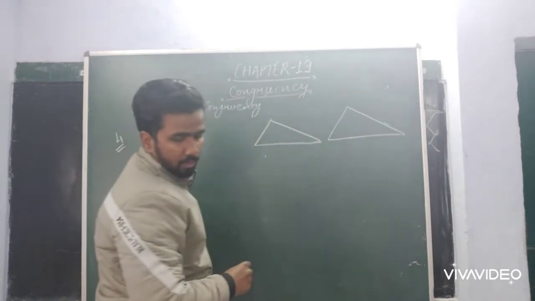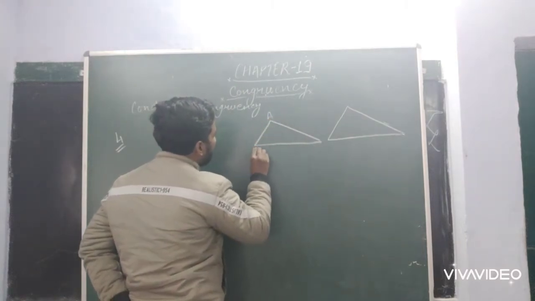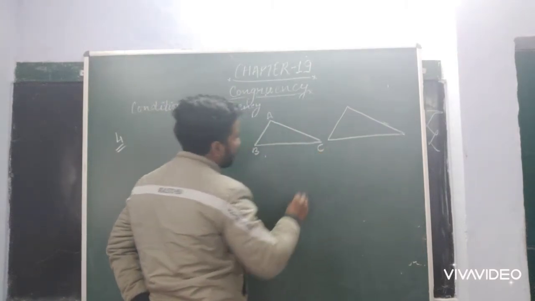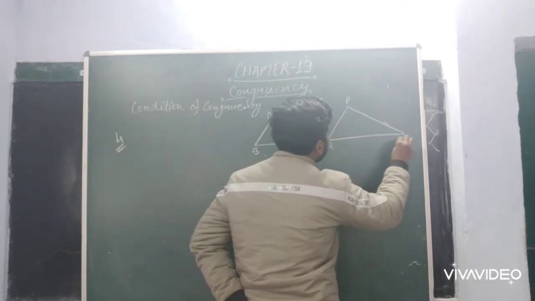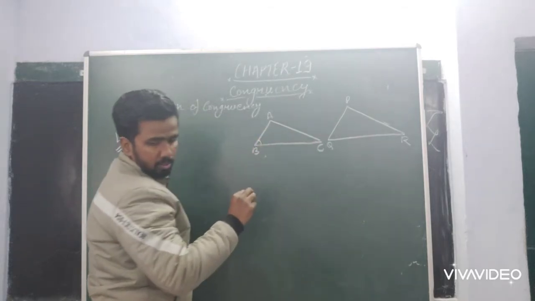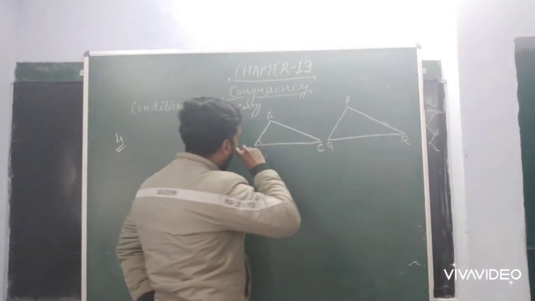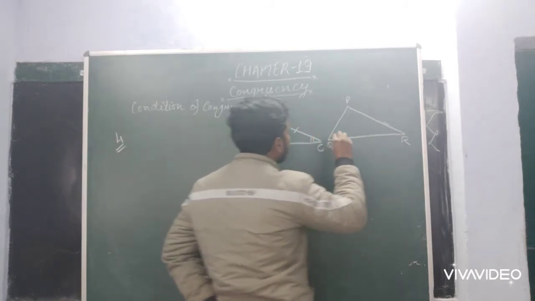We will name it again as A, B and C, and this will be P, Q and R. The angle is given at vertex B and vertex C, and the side is given.